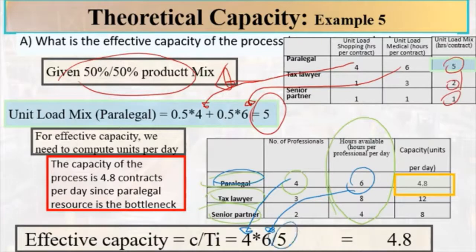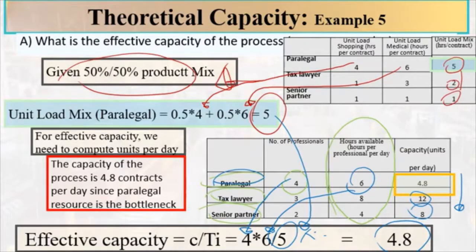Then we divide it by TI, and we get 4.8 for paralegal. If we do the same procedure, dividing the C by the TI, we should get 12 and 8 for tax lawyers and senior partners.